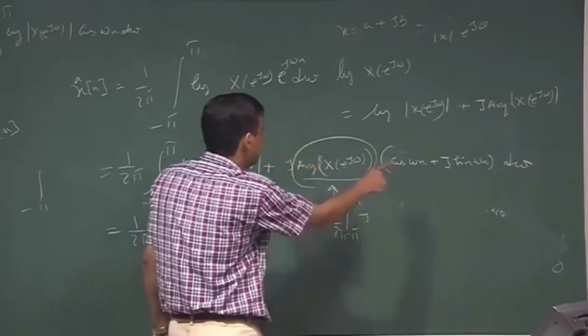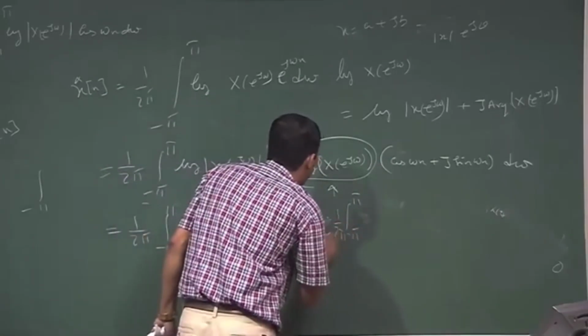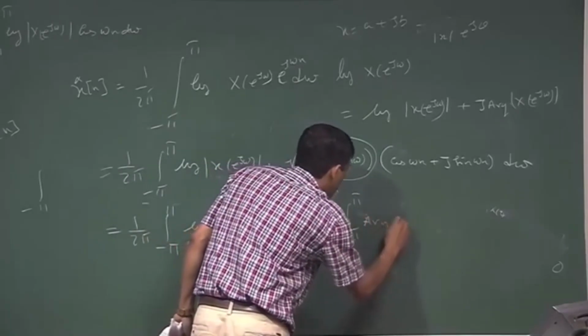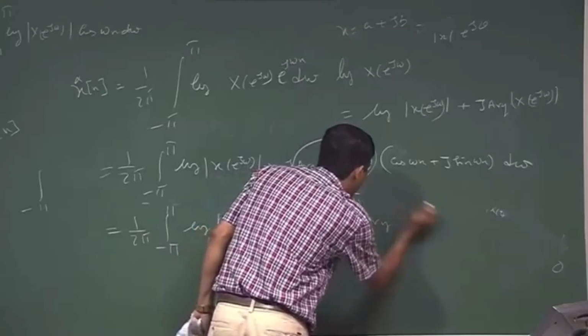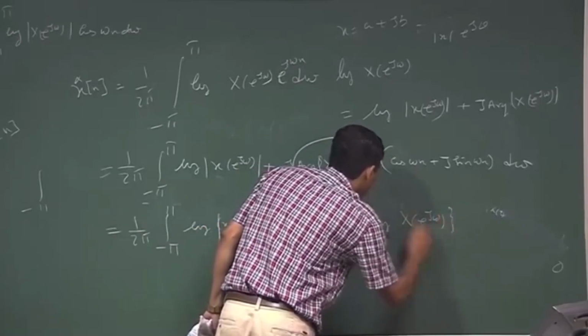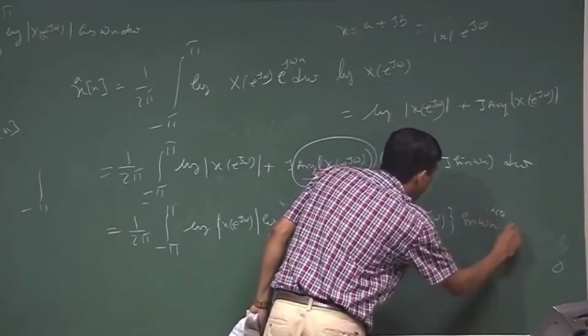So j and j multiplied will give me minus 1. So minus, I can say, arg of X(e^(j omega)) sin omega n d omega.